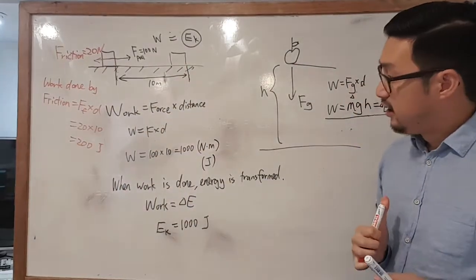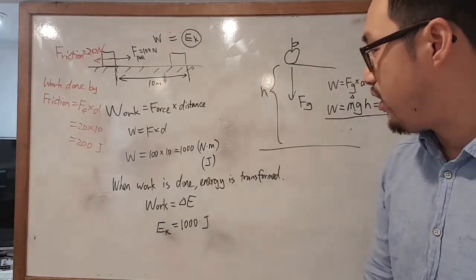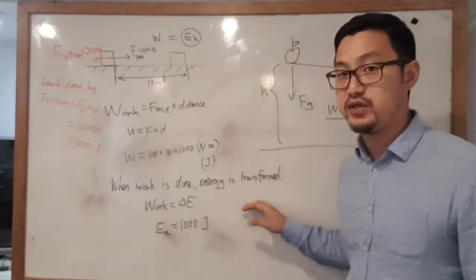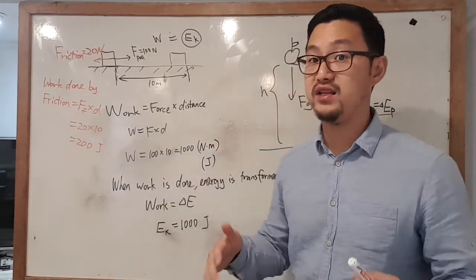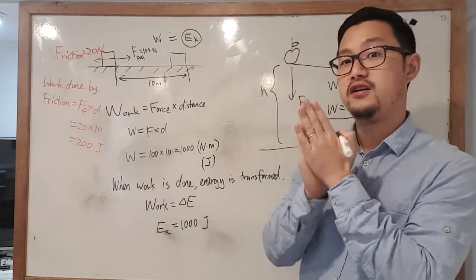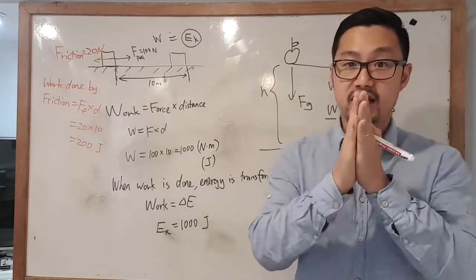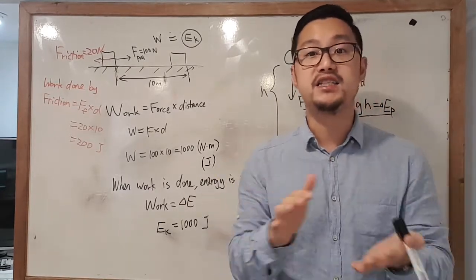I've just mentioned before, if work is done, energy is going to be transformed. Now, if friction is doing 200 Newton meter of work, what is the energy change? Let's have a think. Friction changes kinetic energy because there has to be movement, and it becomes heat, it's going to heat up.